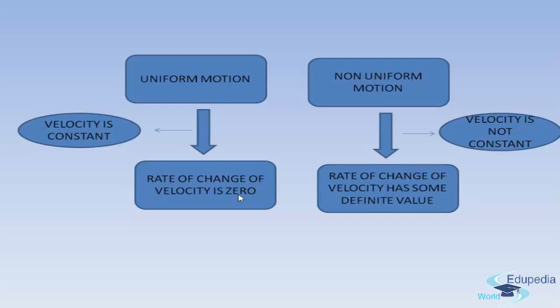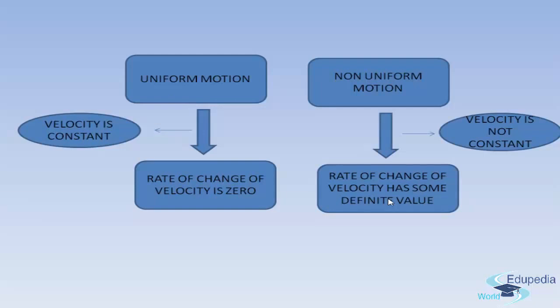So that means the rate of change of velocity has some definite value. It is not zero like it was in the case of uniform motion. So the difference between uniform motion and non-uniform motion is that the rate of change of velocity in uniform motion is zero, whereas the rate of change of velocity has some definite value when we talk about non-uniform motion.